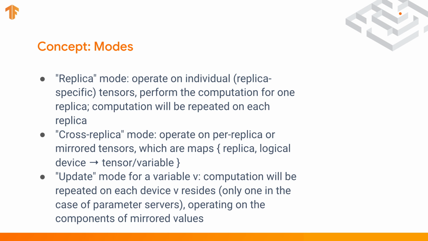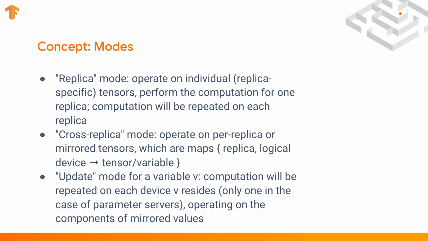In cross-replica mode, instead, you are operating on aggregate values, which are maps from the replica to the tensor or variable on that particular replica. In the future, we're going to add a logical device component in order to support model parallelism, where you actually split a model across multiple logical devices.